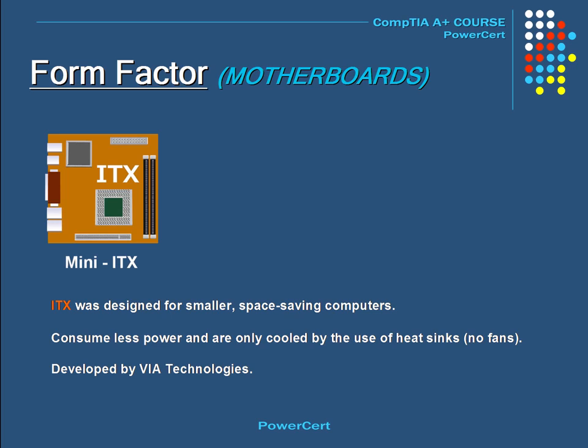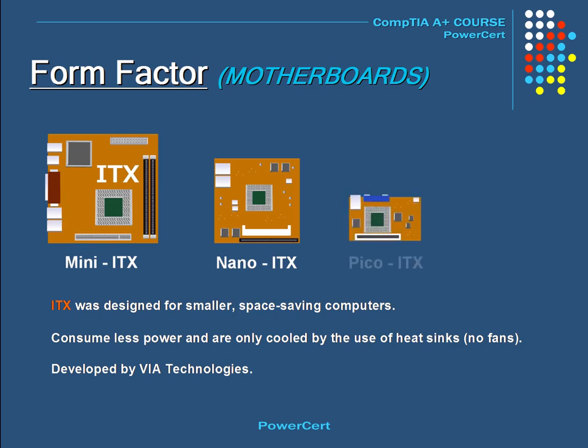There's the Mini ITX. There's also the Nano ITX, which came out in 2005 and was designed to be used in devices such as digital video recorders, media centers, and cars. Then there's also the Pico ITX, which came out in 2007.